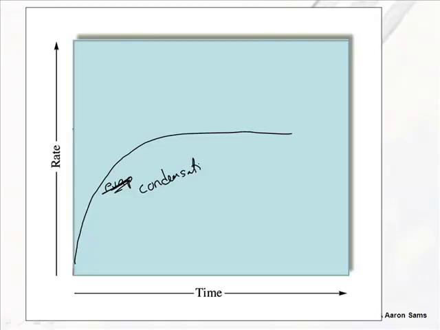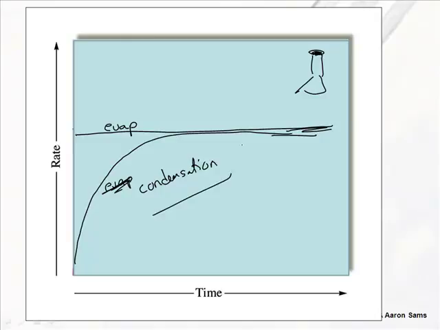If you're at a set temperature, the rate of evaporation is a constant. This is evaporation. But once you seal your flask, like we did, you don't have anything to condense yet, and it starts to. And eventually, they reach the point where the rate of evaporation is equal to the rate of condensation, and they become equal. So it's equilibrium.